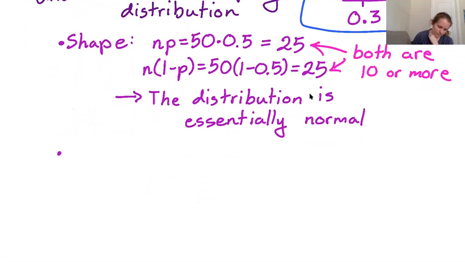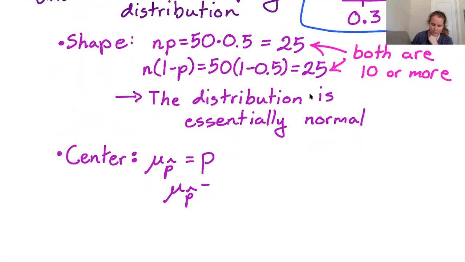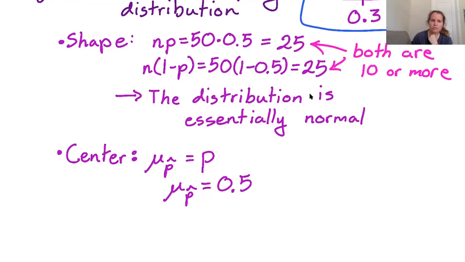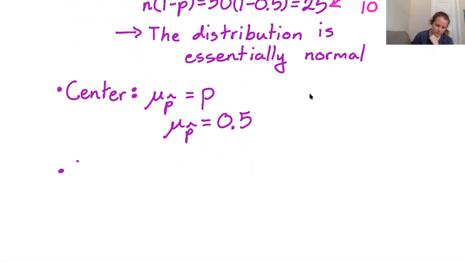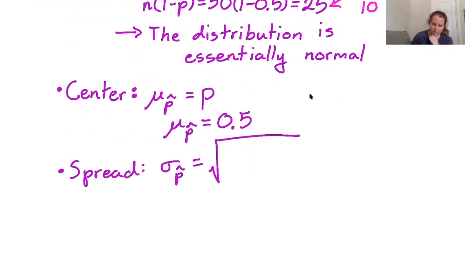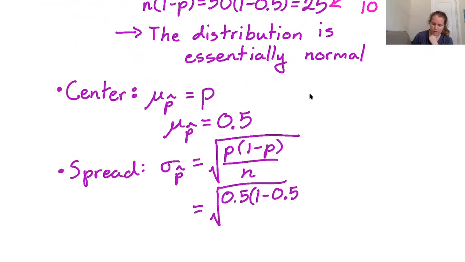Then we have center. Mu sub p-hat is just p, so in this case our mean mu sub p-hat is 0.5. Spread: sigma sub p-hat is equal to the square root of p times 1 minus p divided by n. So we are looking at the square root of 0.5 times 1 minus 0.5 divided by 50.